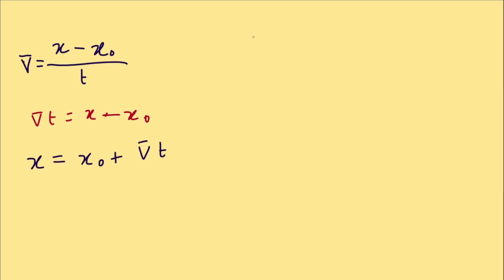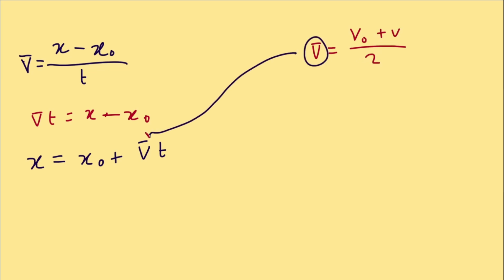The next step is to plug in our second kinematic equation, which we just derived, which is (v0 plus v) over 2. We're going to plug this guy in right here. So that gives us x equals x0 plus (v0 plus v) over 2 times t. Pay close attention here.